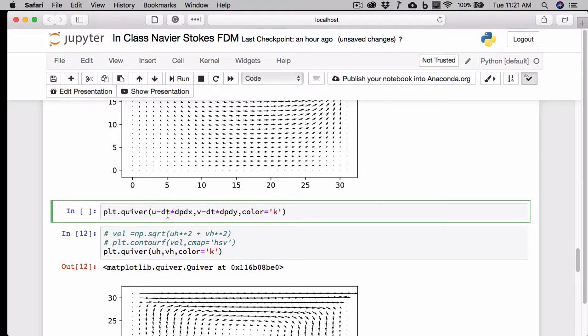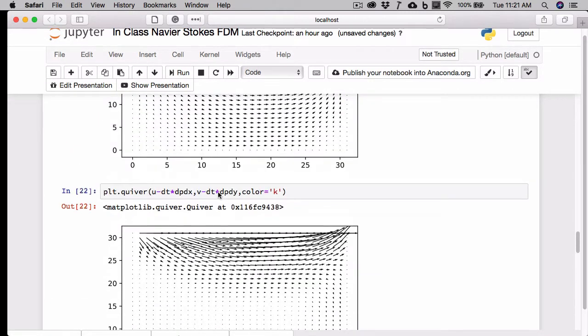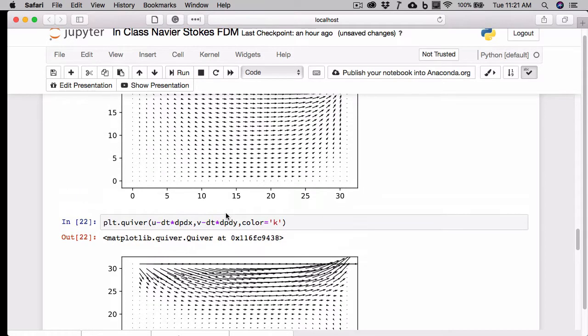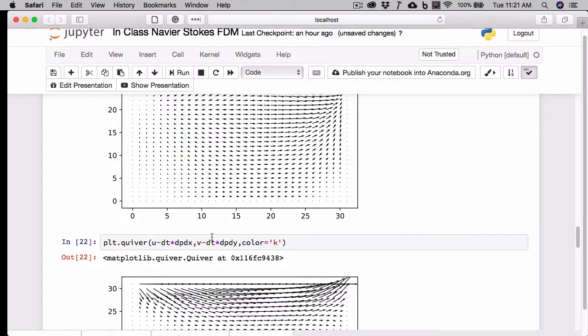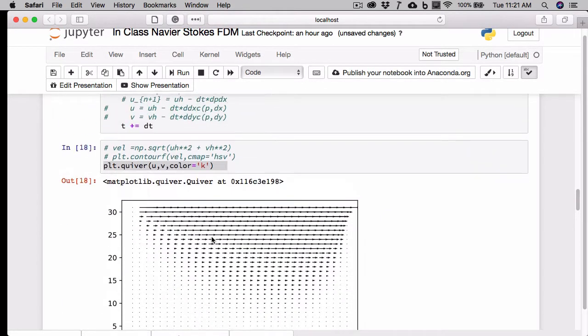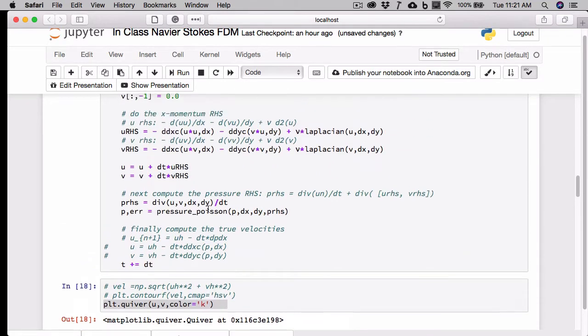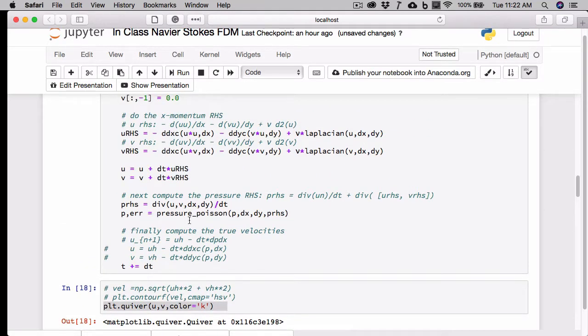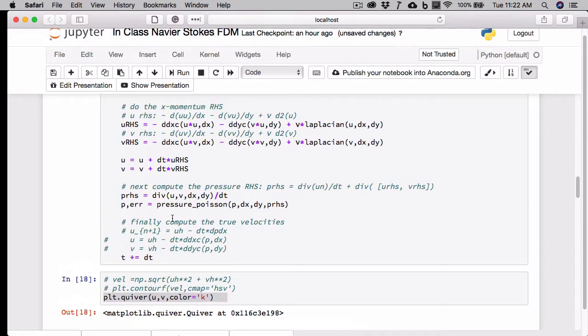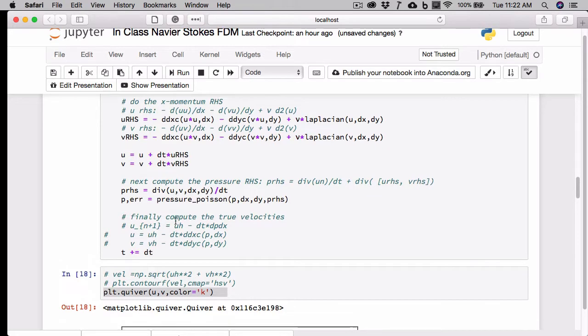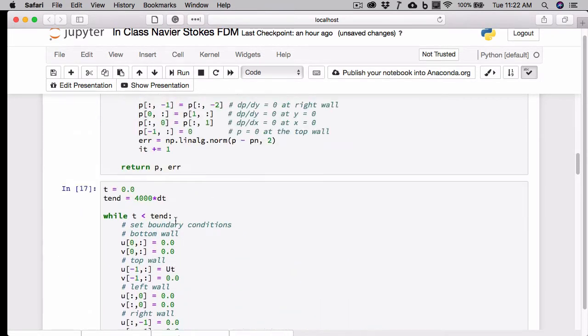Remember, this u and v are actually the temporary velocity fields. Pressure plus this again.